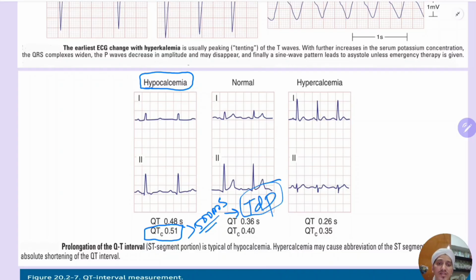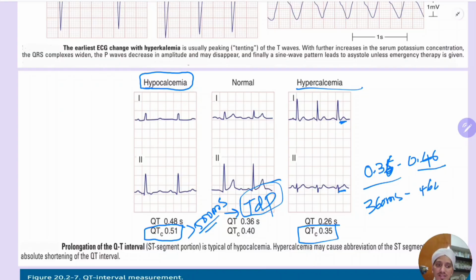Here you see an ECG of hypercalcemia, and you can see the QT interval is shortened, 0.35. The normal range of QT interval is 0.36 to 0.46, which is 360 milliseconds to 460 milliseconds in adults; it varies according to age.